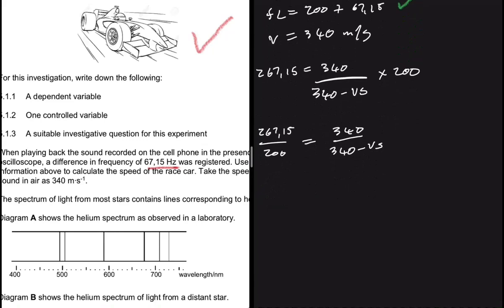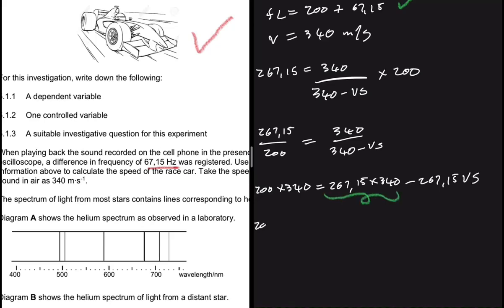And then if you cross multiply, we're going to get 200 multiplied by 340 equals 267.15 multiplied by 340 minus 267.15 Vs. Obviously, we're going to take this term to the left hand side.